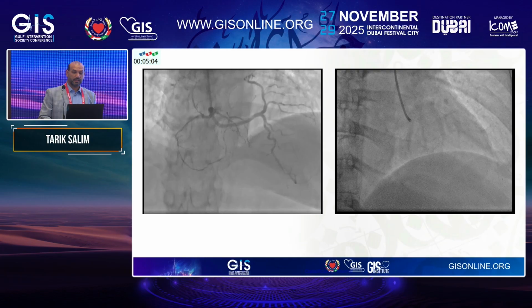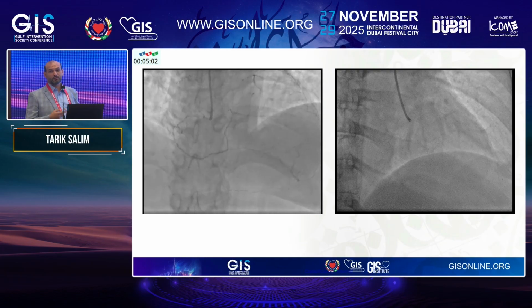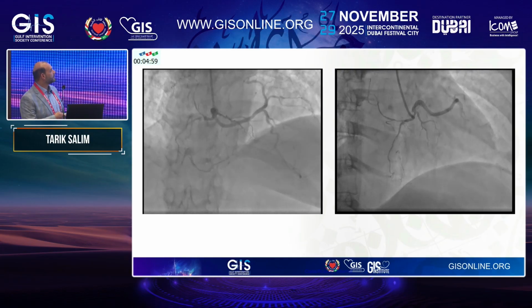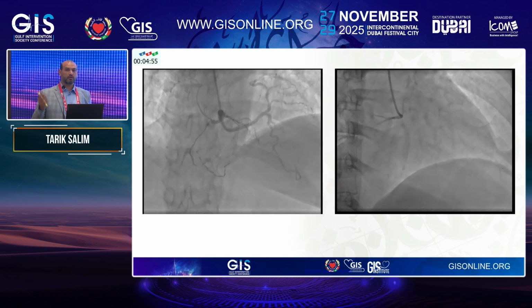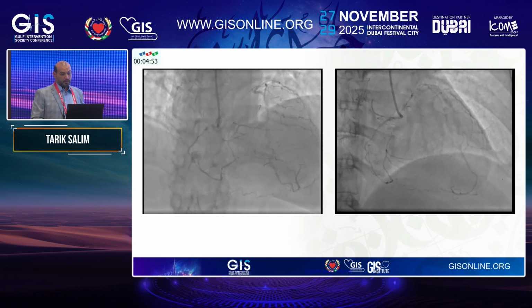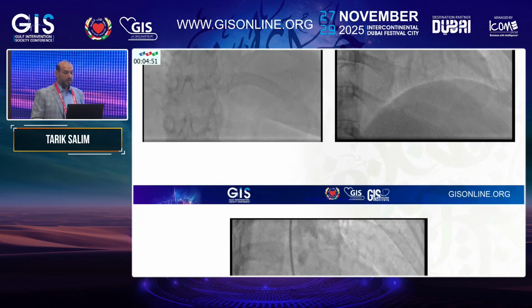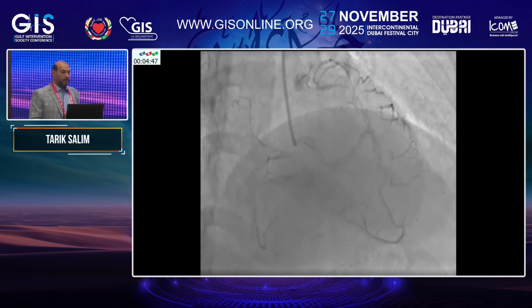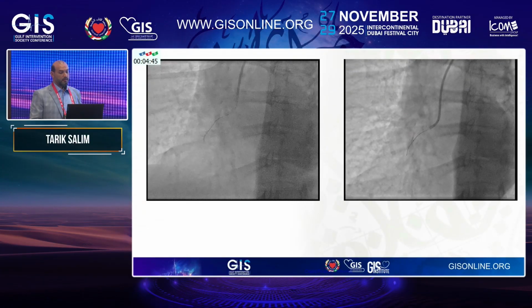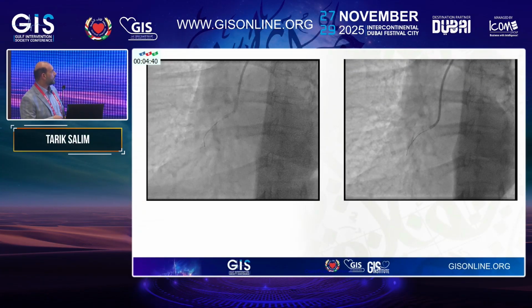Took her again to the cardiac cath lab, and to my surprise, excellent results from the SeQuent Please that we had seen from the previous intervention, which was more than a year ago. At this stage, we upgraded to a 7 French system, and we started attempting PCI to the right coronary artery.